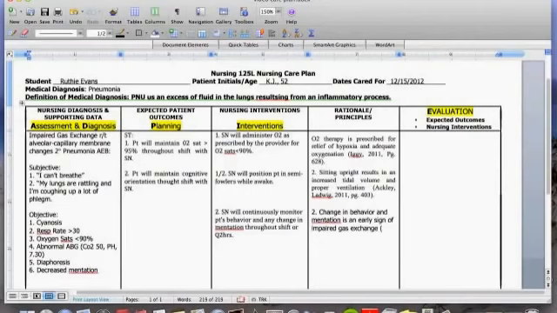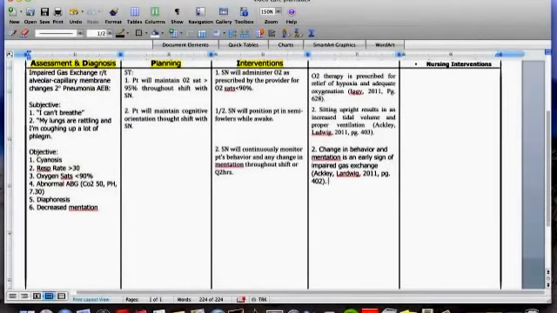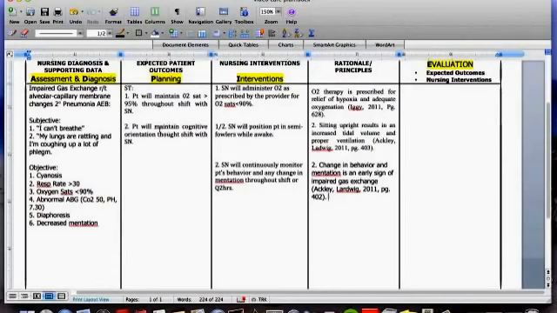So that's why it's so important to be checking that. Ackley, Ladwig, 2011, page, I forget, we'll say 403, 402. So you get the idea here where you put in your outcome, back it up with the intervention, back that up with a rationale.